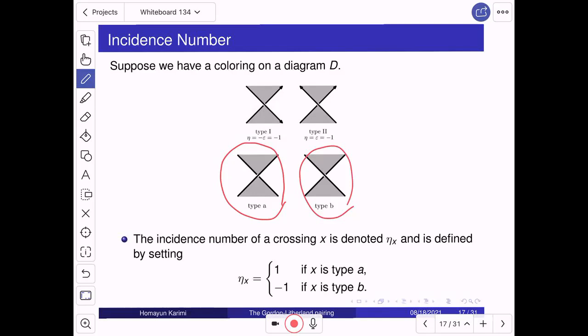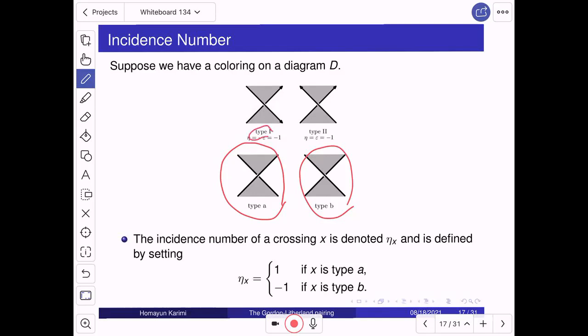And if your crossing looks like this right picture, it's called type B. Based on that, we can define an incidence number. The incidence number of a crossing is 1 if that crossing is of type A, and it is -1 if that crossing is of type B. We also have other notions. We have type 1 crossings.